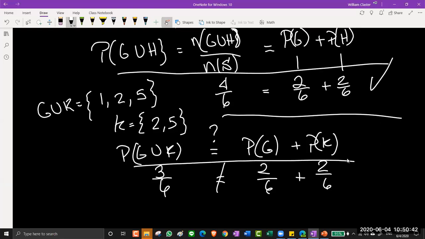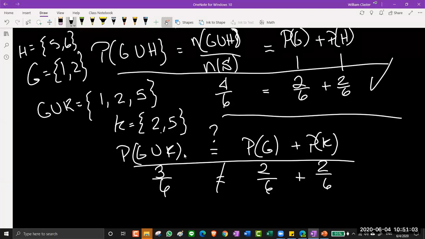So why didn't it work the second time? Let me write G. What was G again? 1, 2. And where's K? Here's K. And what was H? H, I think, was 5, 6. So why didn't it work this time?